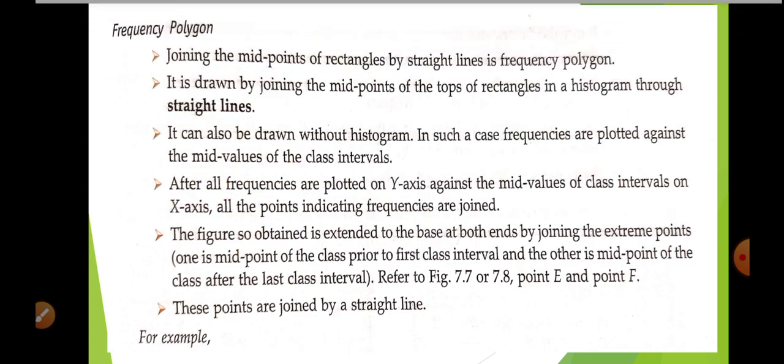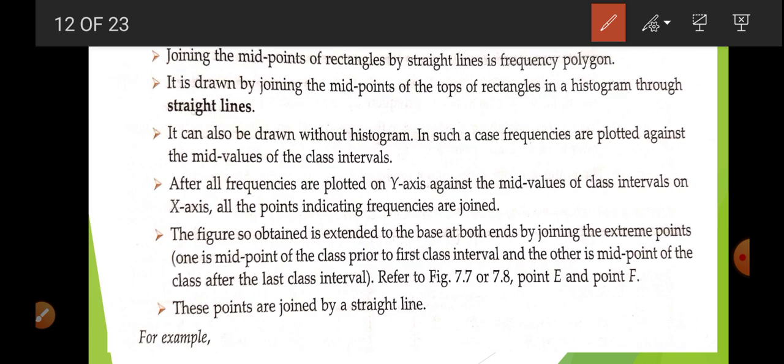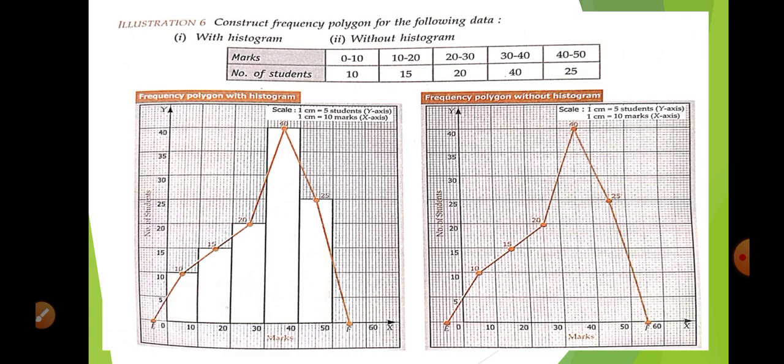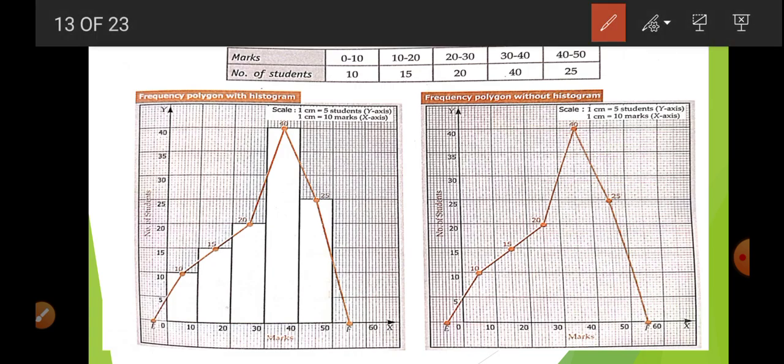The figure so obtained is extended to the base at both ends, joining the extreme points by a straight line. Here you have to draw both with the histogram and without the histogram. So frequencies are represented on the OY axis and marks, that is class intervals, on the OX axis.